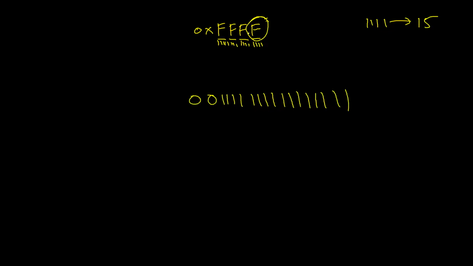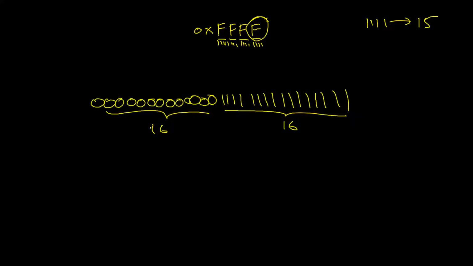You can see that 4 into 4 is 16. मतलब 16 1s मुझे मिला, and 16 zeros मिलेंगे, right? Correct. But if you put 8 Fs here, everything will be 1.